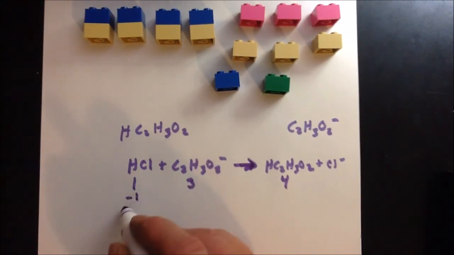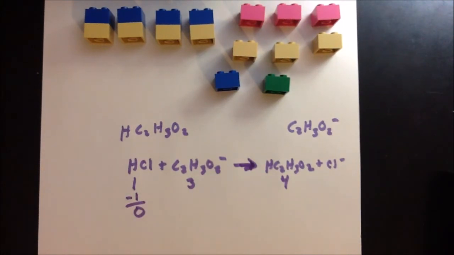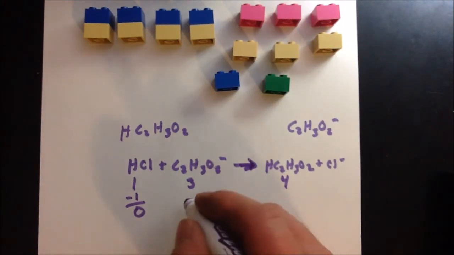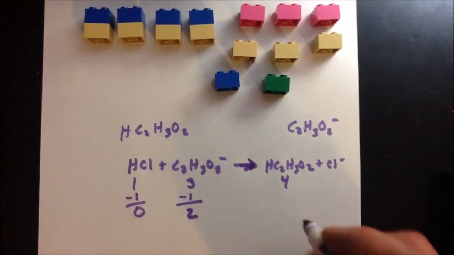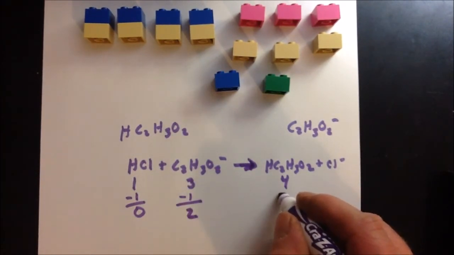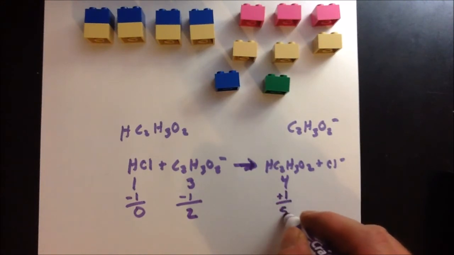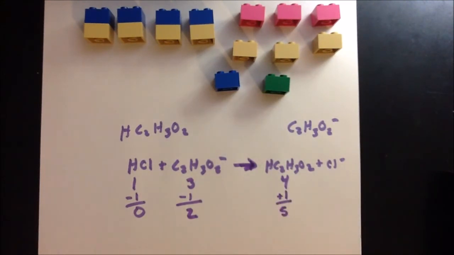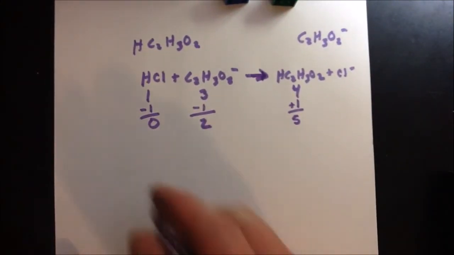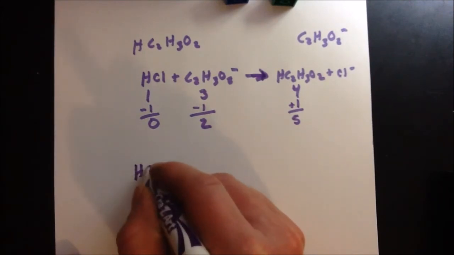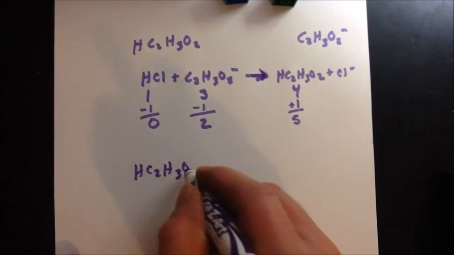So we're going to react that HCl. It's limiting. It's completely gone. And then also we're going to react it with one of those acetates, leaving us with 2. On the other hand, on the product side, this one's going to go up by 1, and we now have 5 molar of the HC2H3O2. So now, after I've done all of that, and only now, am I ready to start talking about equilibrium.